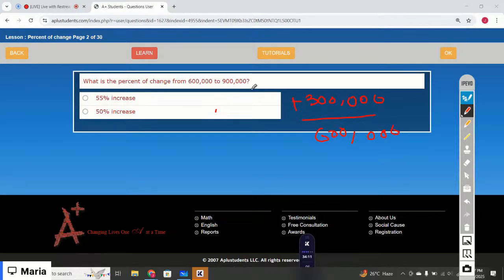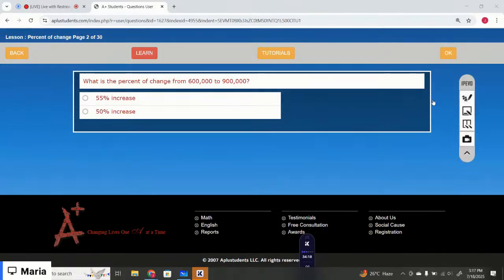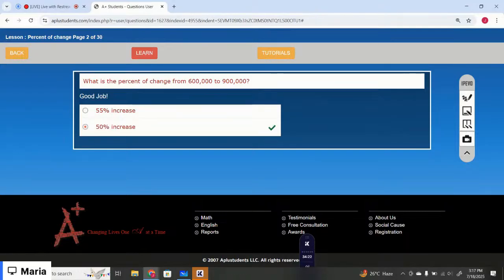Oh, that is an increase, from 600,000 to 900,000 is increasing. So 50% increase it is. The correct option is 50%. Option number 2 is the correct option.